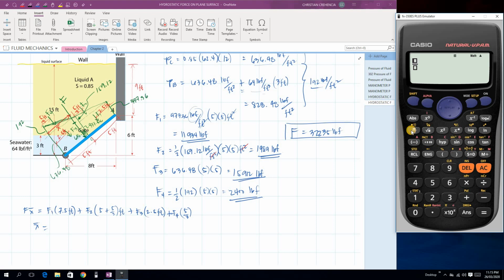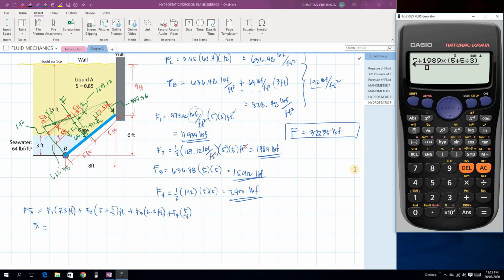So, didiretso na natin dito na ito na may mga value. F1 is 11,934. Ang moment arm natin is 7.5. Okay. Then plus, yung F2 natin is 1989 times moment arm natin is yung 5 foot plus 5/3.